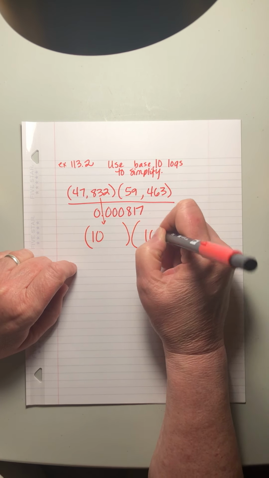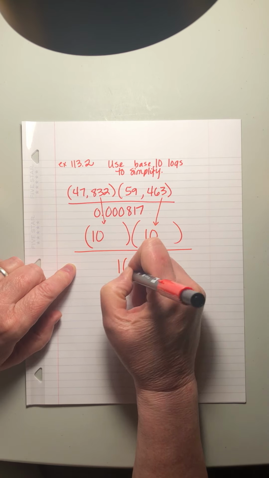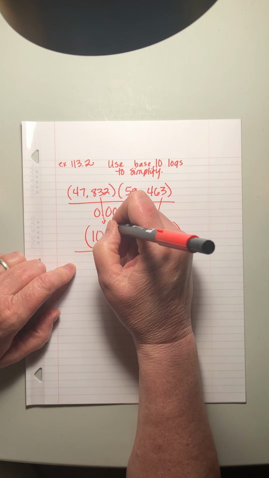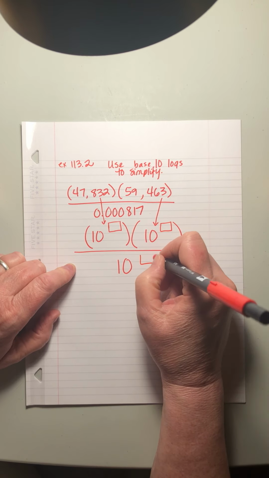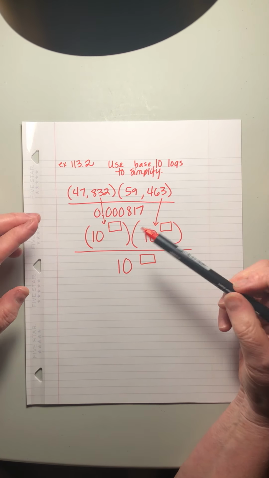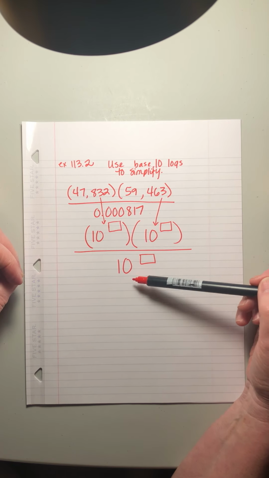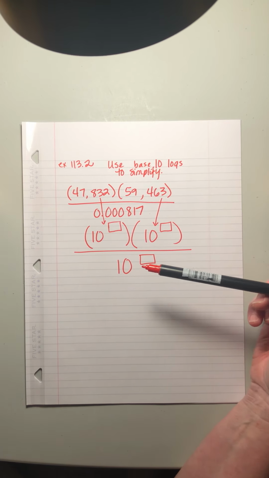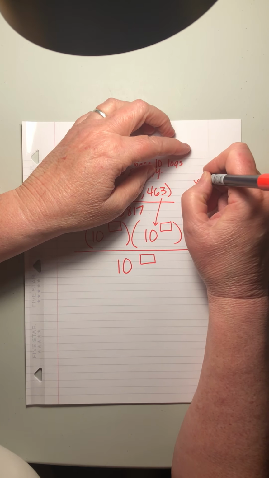And then this will be 10 to the something. That'll be that one. And then this bottom one will be 10 to the something too, right? We don't know what these exponents should be yet. And then we'll be able to use the product rule and the quotient rule to simplify, right? Our old friends. Let's just write them down.